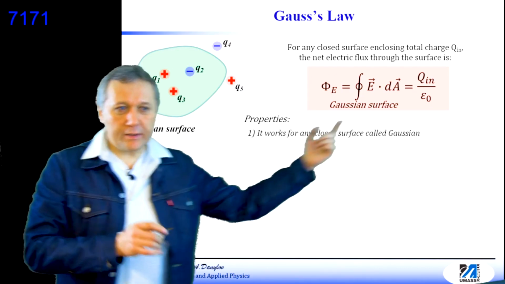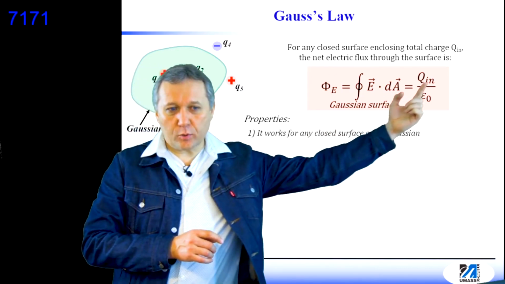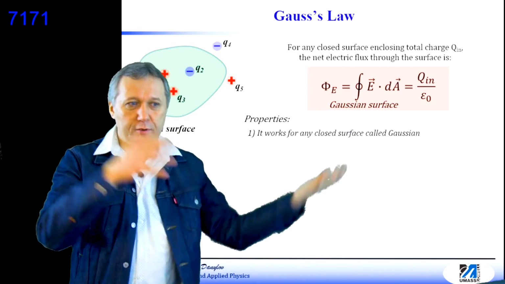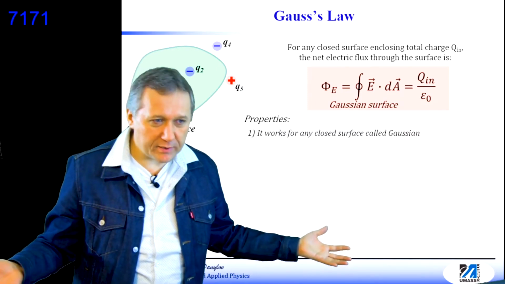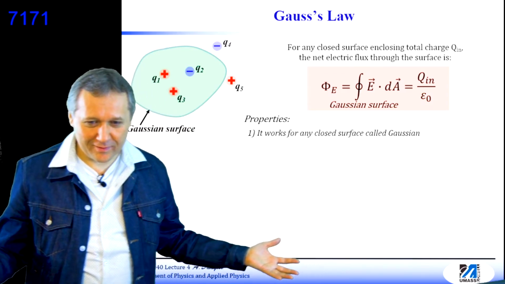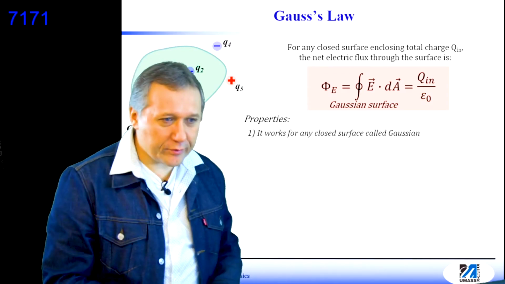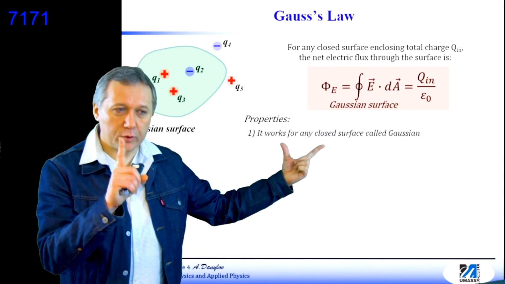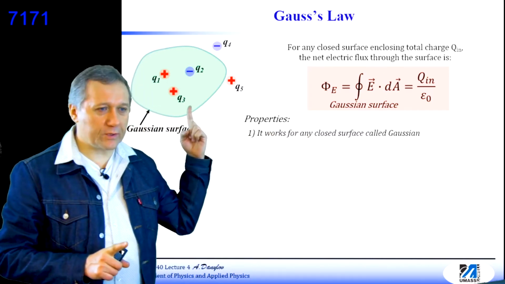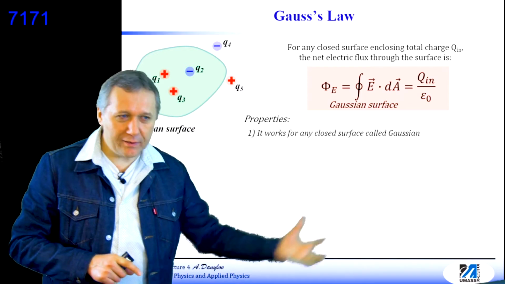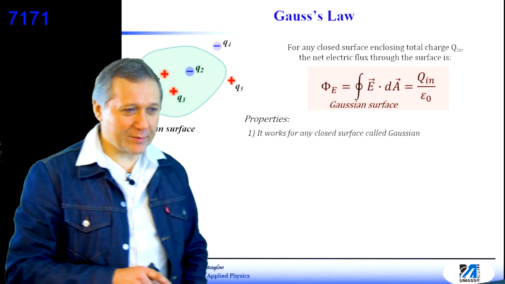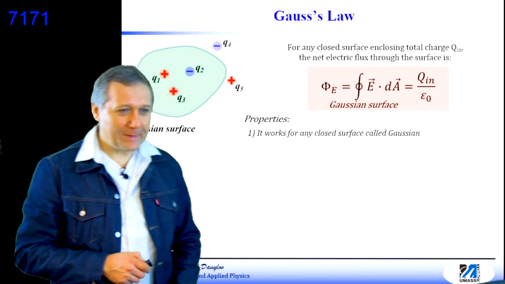Of course, electric flux will be zero, the total charge inside of my surface will be zero, so 0 equals 0. It's useless, but it's correct, right? So no restrictions. You can use any closed surface, the key word being closed. If your surface is not closed, it would be illegal to use Gauss's law, right? And we would be mathematical criminals and physical criminals, right?